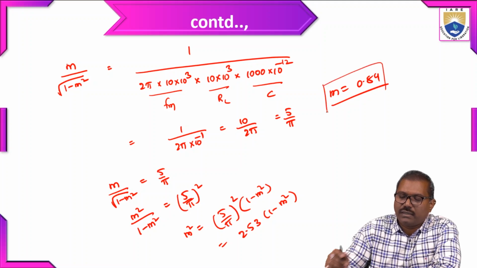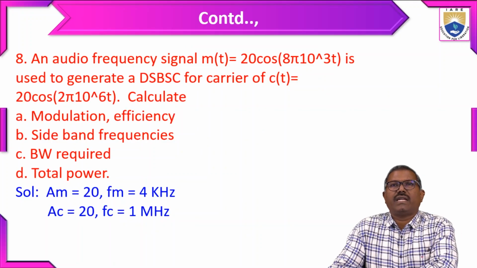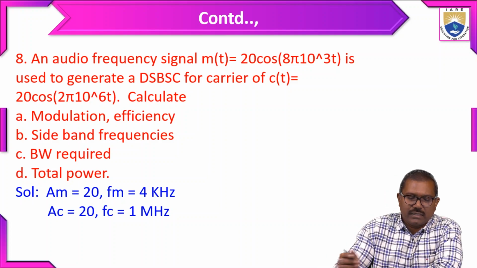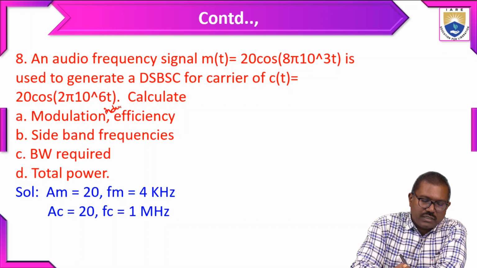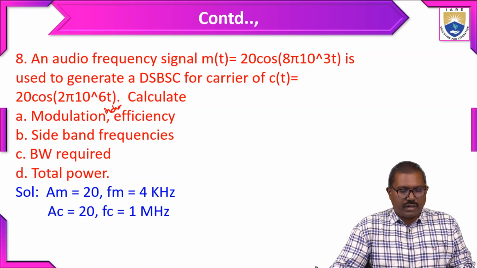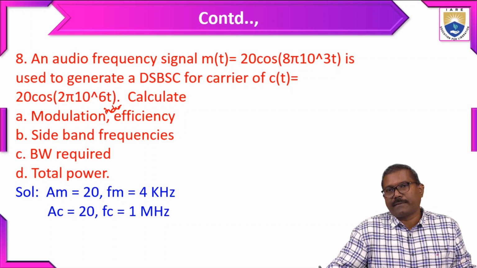Here, an audio frequency signal m of t equals 20 cos 8 pi 10 cube t is used to generate a DSBSC with carrier c of t equals 20 cos 2 pi 10 power 6 t. Calculate the modulation index, efficiency, sideband frequencies, bandwidth required, and finally total power.